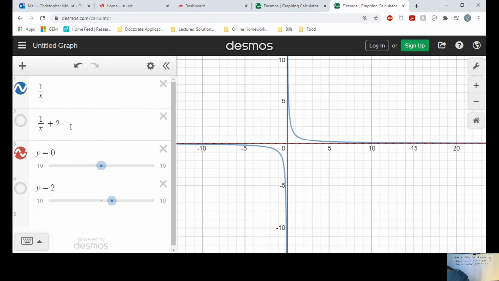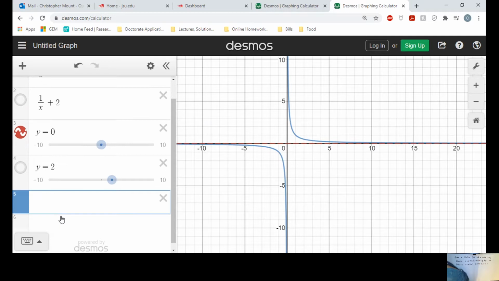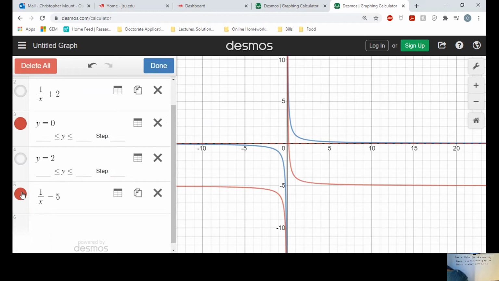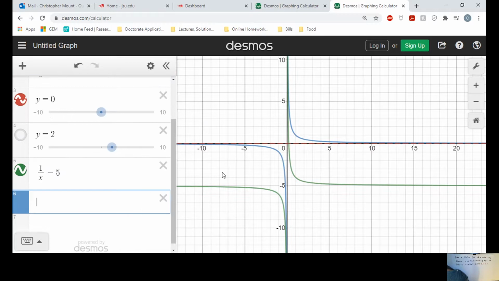And then maybe I want to take 1 over x and subtract 5. How would I know where to put that horizontal asymptote?